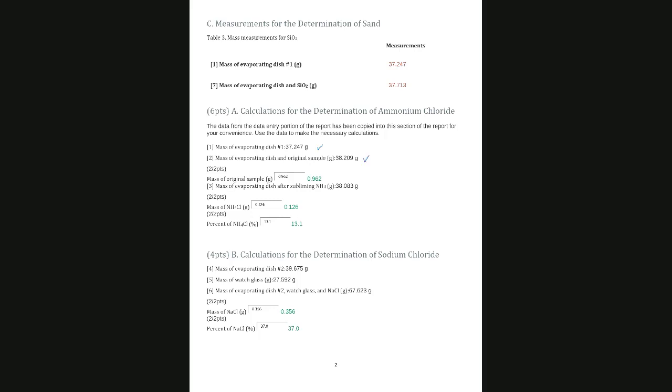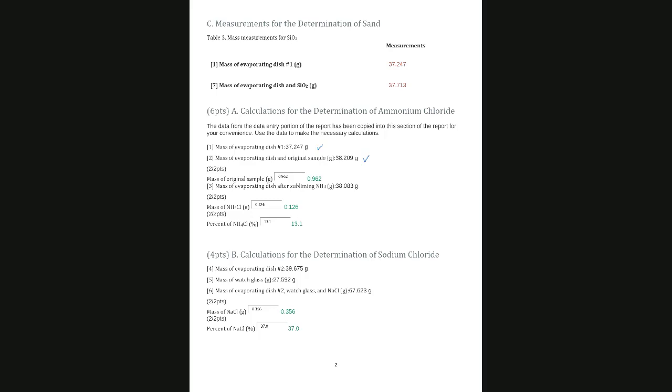And the mass of the evaporating dish and original sample, right? So before you sublime, you need to know what you start with, how many grams you had. Stop me if it's not clear. Whatever is in green is what I did. They ask you for the mass of the original sample. How are you going to calculate that?